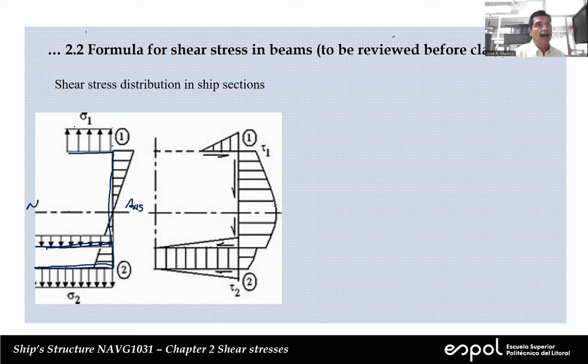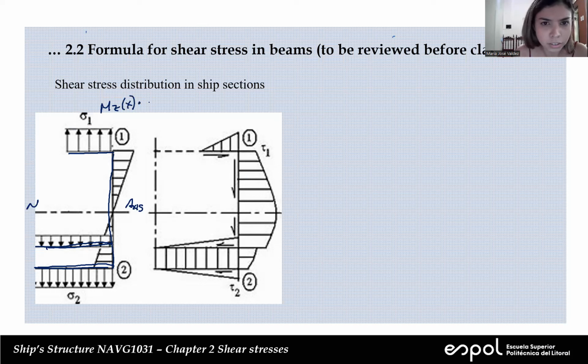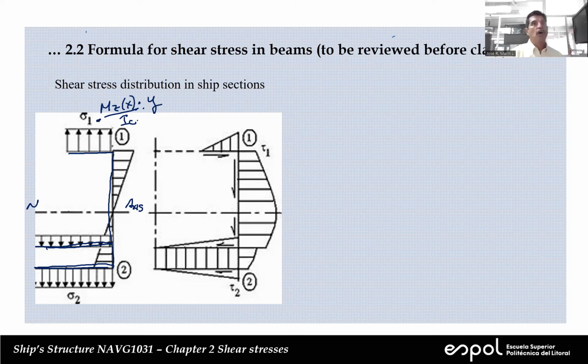But tell me the formula. Bending moment times inertia. No, divided by inertia. Oh, come on. The distance over inertia. Okay, so yes, the larger the distance, the higher the stress. So that's why you can expect this value to be very large.